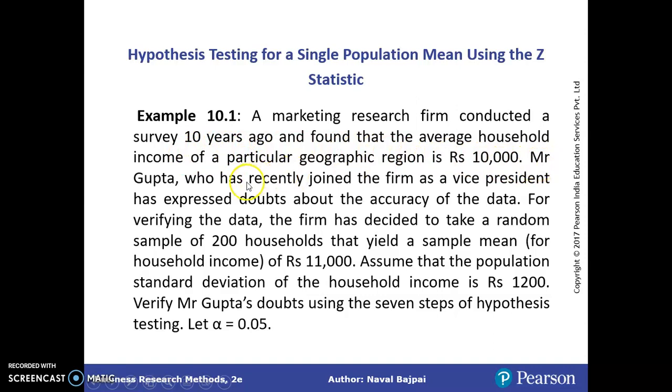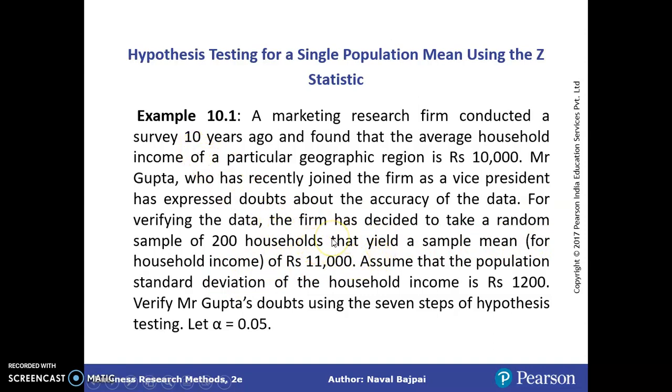Mr. Gupta, who has recently joined the firm as the vice president, has expressed doubts about the accuracy of the data. For verifying the data, the firm has decided to take a random sample of 200 households that yield a sample mean for household income of rupees 11,000, and that is done after 10 years when Gupta has joined the firm.